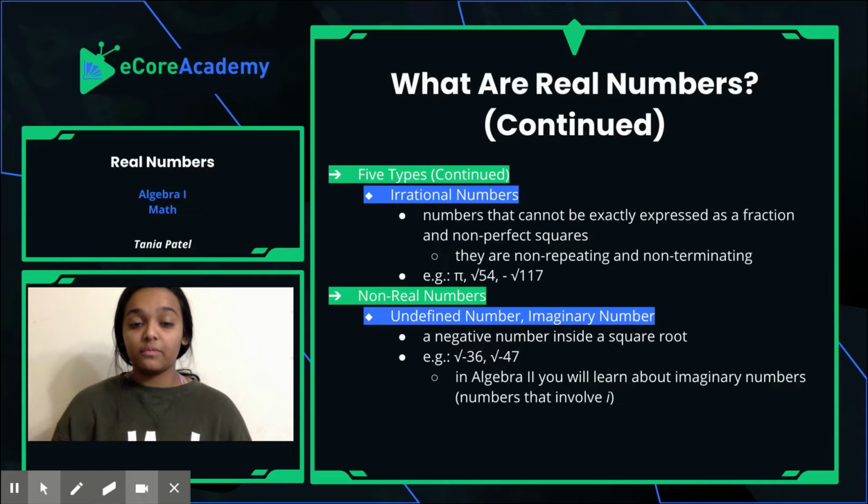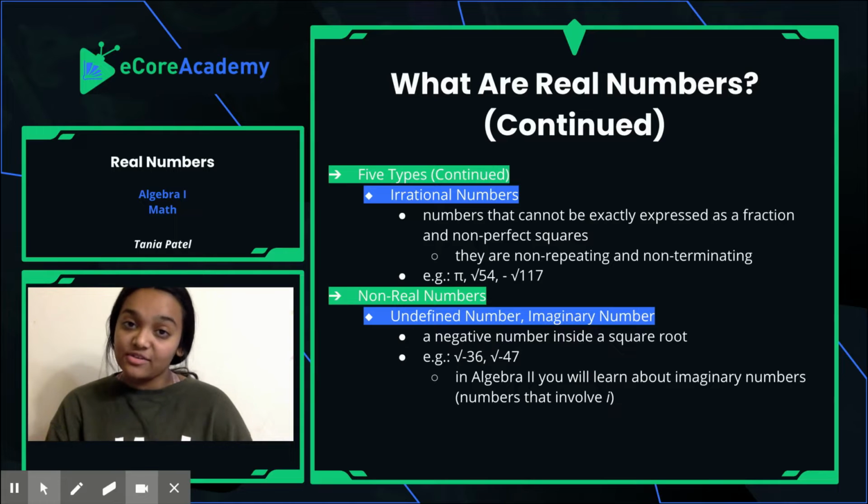A rational number and an irrational number can both be non-ending. However, if that non-ending number has a repeating pattern, it's a dead giveaway that that number is going to be a rational number. But if that non-ending number has no pattern, then it's an irrational number.